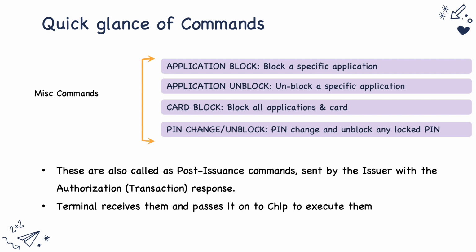The person who stole the card then tries to use the card. When he uses the card, the bank can remotely execute a command saying card block, which blocks all the applications and the card itself. In this way, the issuer has the capability to remotely block cards, or remotely block applications, or change the offline PIN that is present on the card itself. This is one of the biggest advantages of EMV cards, where post issuance the issuers can send scripts or commands to the terminal to be executed on the chip.